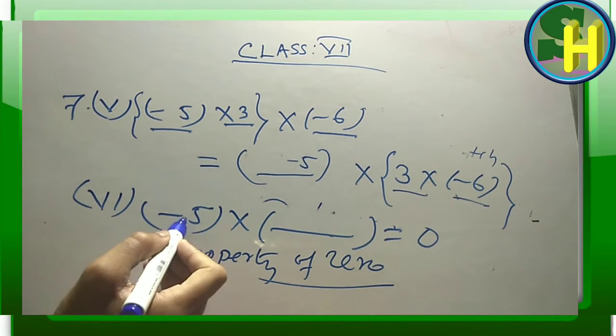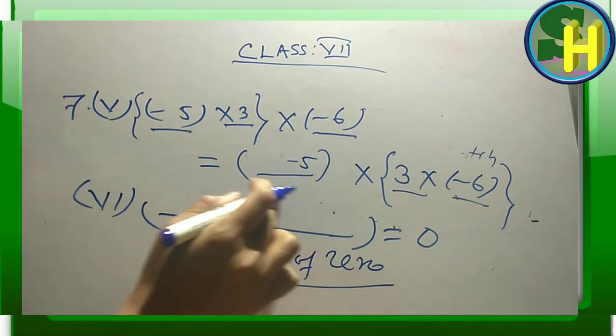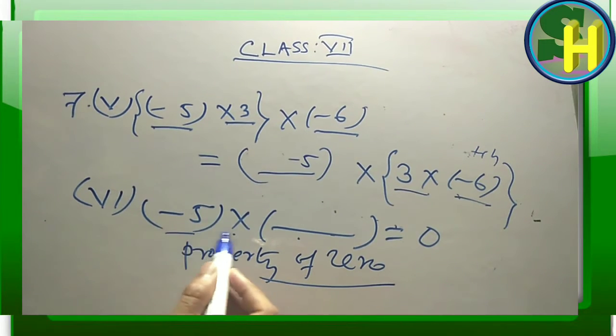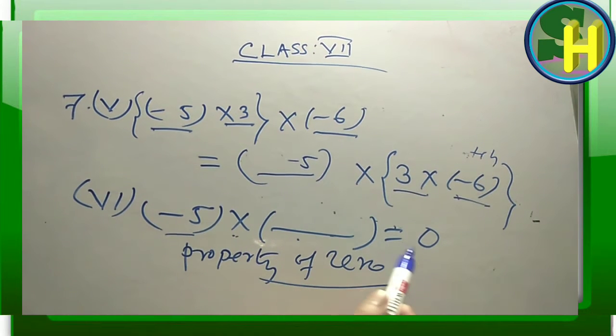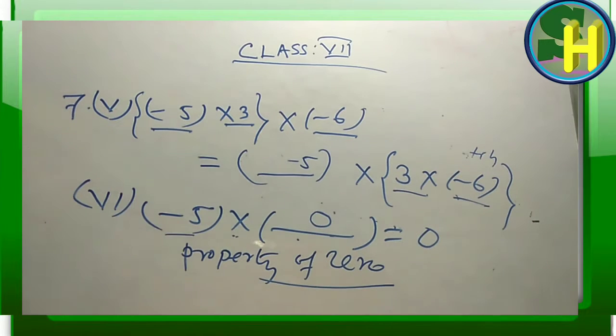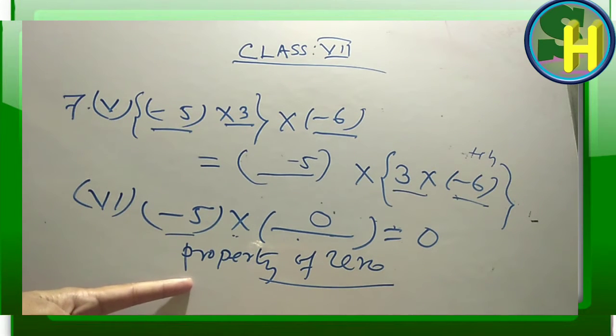When is it possible? When this will be 0. Any number multiplied by 0, we get 0. Also, this follows the property of 0. Clear?